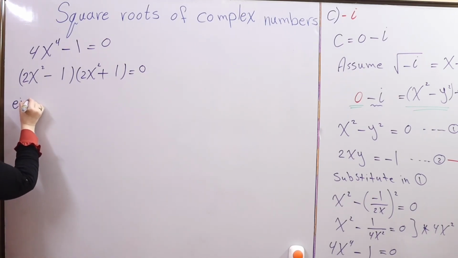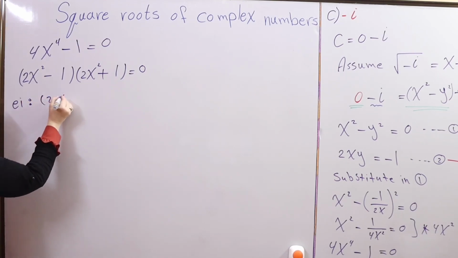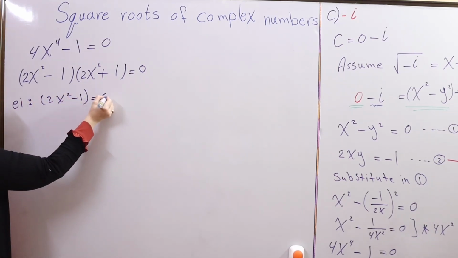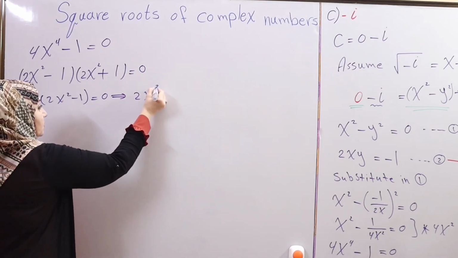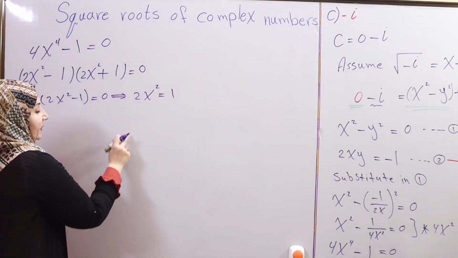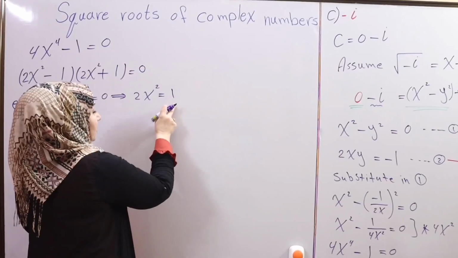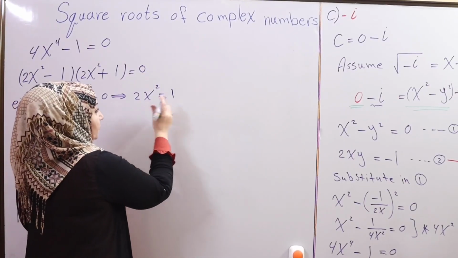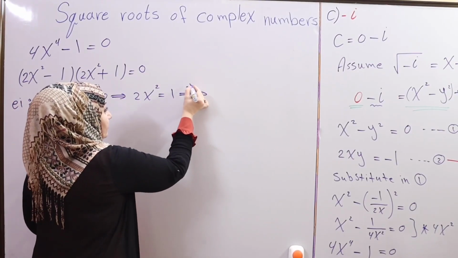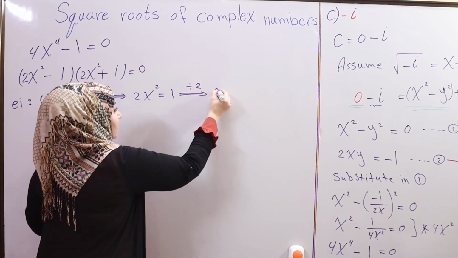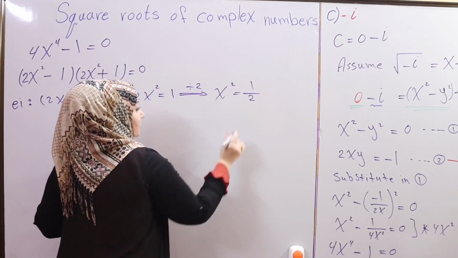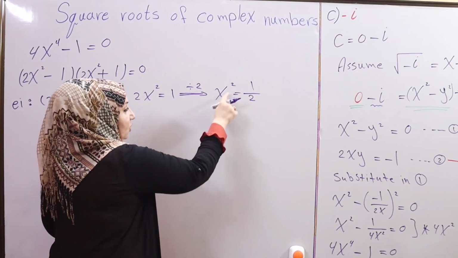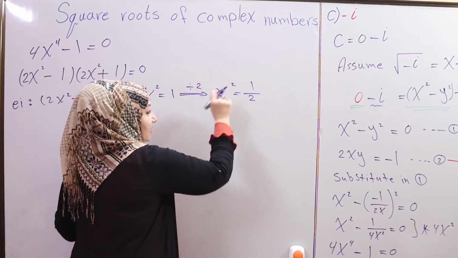Either 2x squared minus 1 equal 0. That's mean 2x squared equal 1. I will divide both sides by 2. And I will get x squared equal 1 divided on 2. But I want the value of x, not the value of x squared.